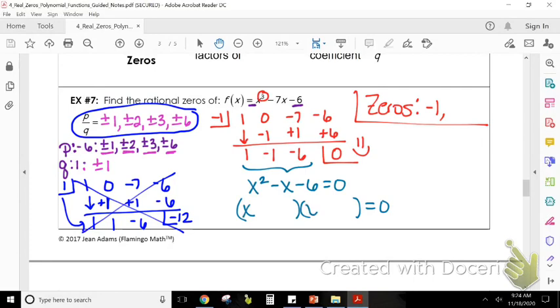So I get x times x to give me the x squared, and then I need two numbers that multiply to 6 that are going to subtract to the 1, which is 3 and 2, negative 3, and a positive 2. Now, we're looking for the zeros, so we need to set each of those individually equal to 0 and solve. So I got x minus 3 equals 0 and x plus 2 equals 0.